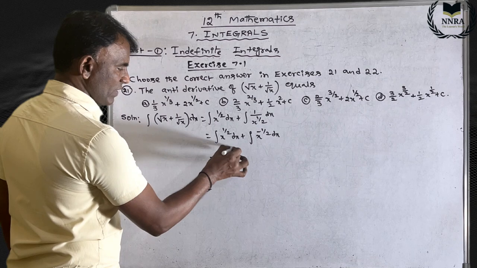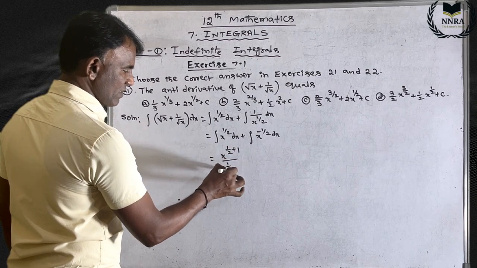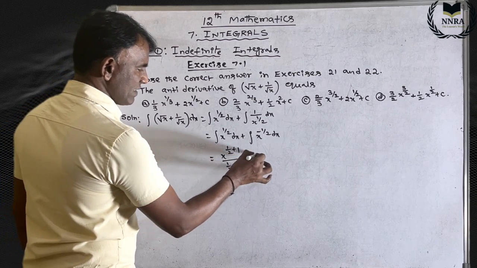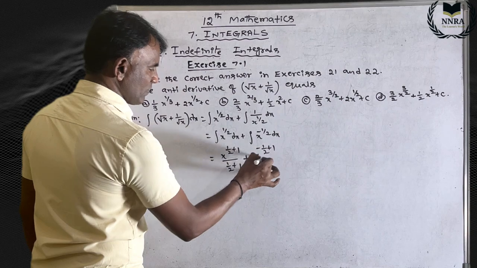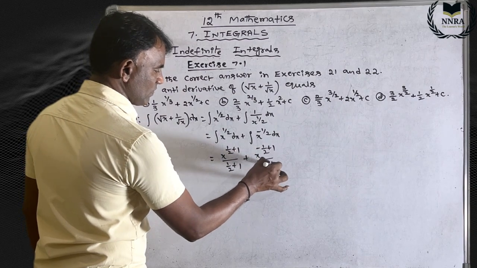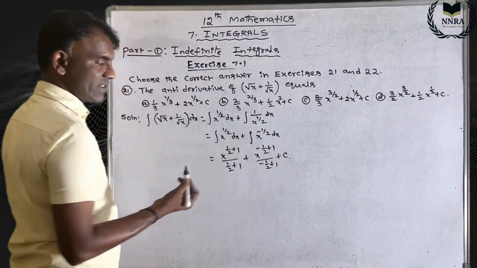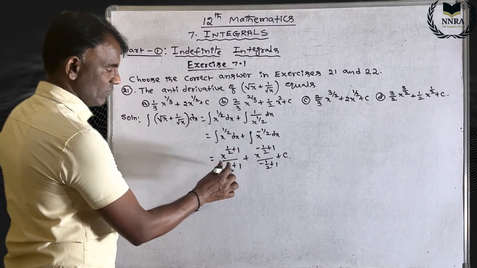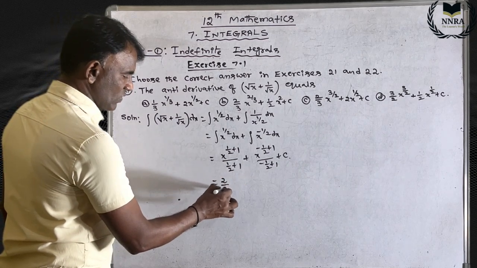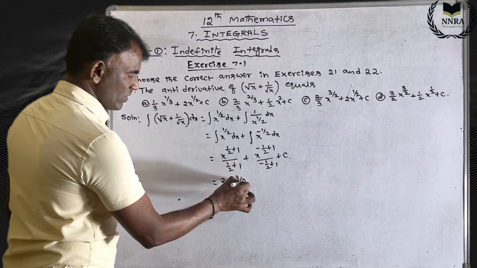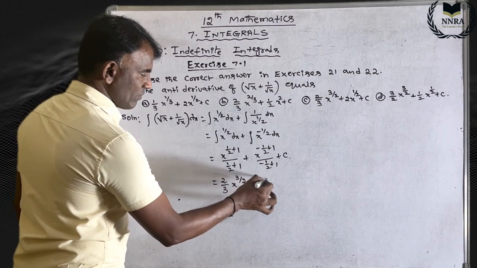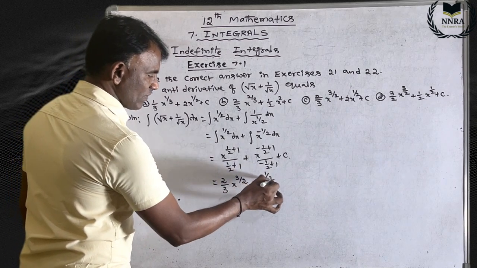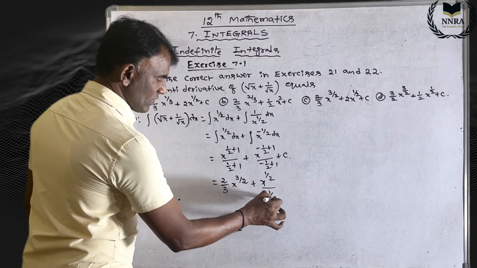X power n plus 1 by n plus 1. And that is also the same: x power minus 1 by 2 plus 1 by minus 1 by 2 plus 1, then constant c. 1 by 2 plus 1 is 3 by 2, and 1 by 3 by 2 can be written as 2 by 3, then x power 3 by 2. And here minus 1 by 2 plus 1 is 1 by 2, and it is also 1 by 2.